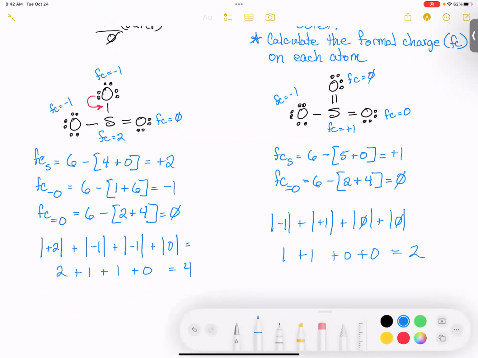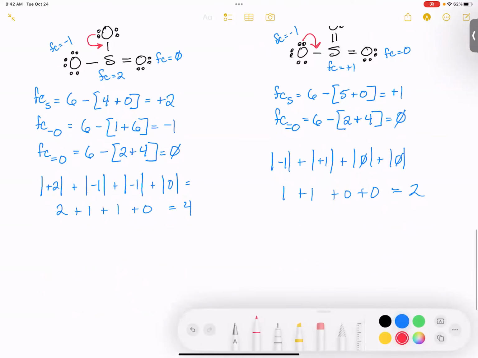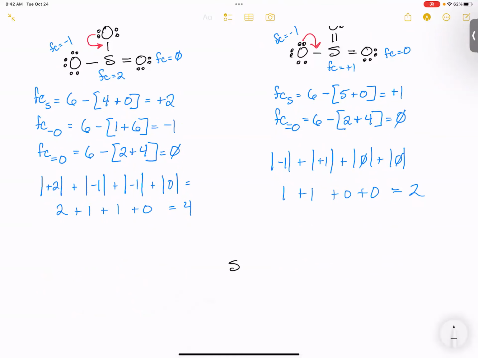So we're going to bring in another pair of electrons to share. And when we bring in that other pair of electrons to share, the structure that emerges is this structure.